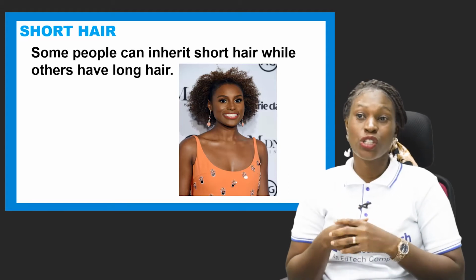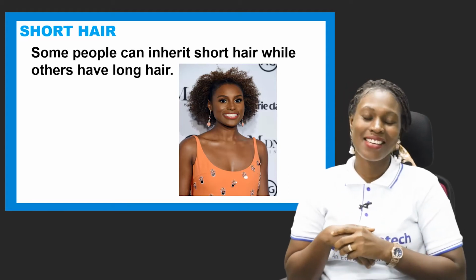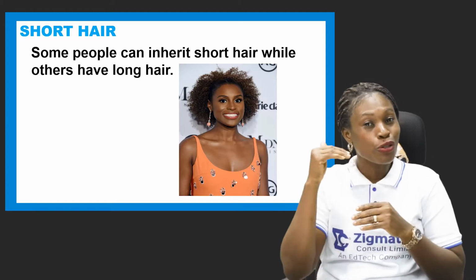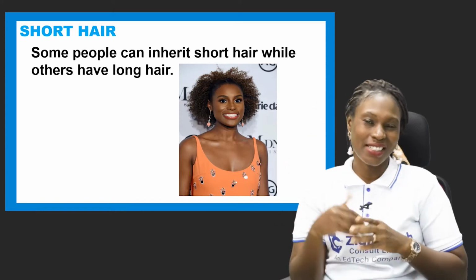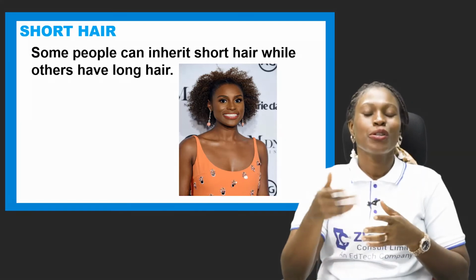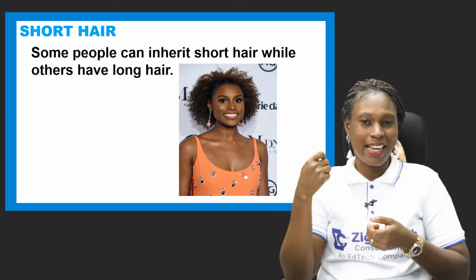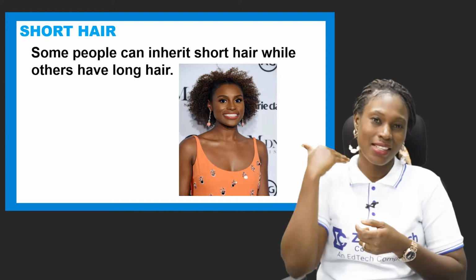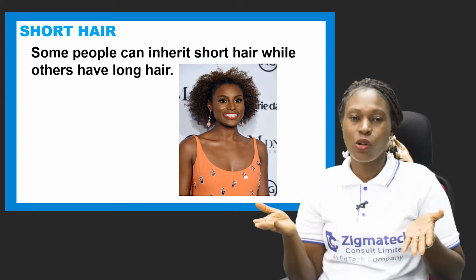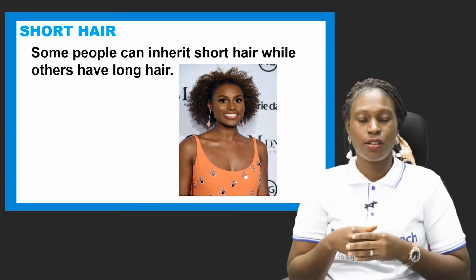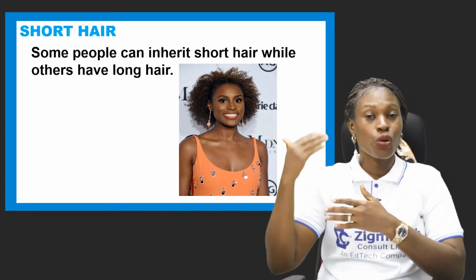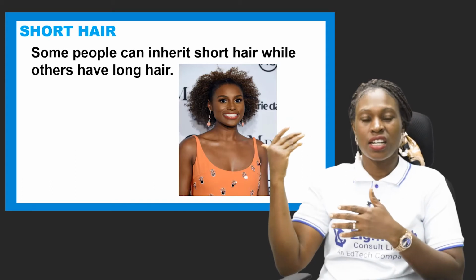The next hair we have is short hair. Now some people can inherit short hair while others have long hair. Yes, some person's hair doesn't grow beyond a certain limit. By the time you try and cut again, it gets to one limit, and that's where it stays. Now, sometimes it's genetics. Most persons are that way. You do not grow your hair more than a certain stage.